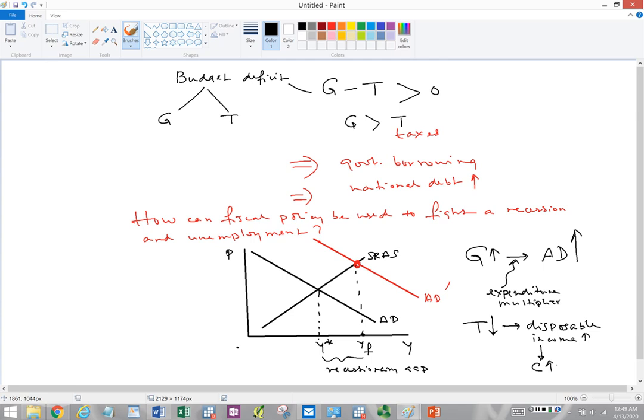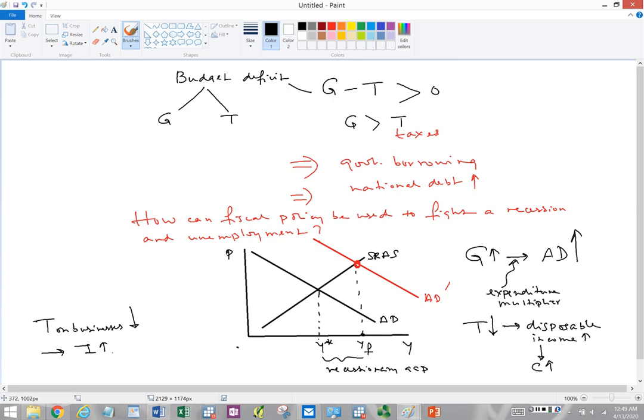Now, what about reduced taxes on businesses? Well, if taxes are lowered on businesses, this would leave businesses with more of their revenues with which to go shopping for new machinery. So that's going to cause investment spending to go up, right?